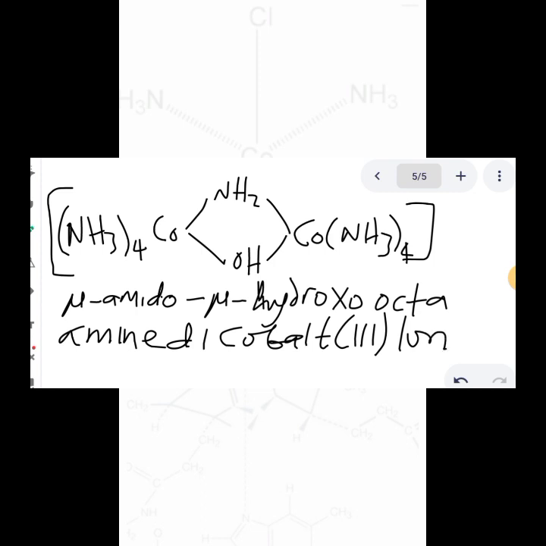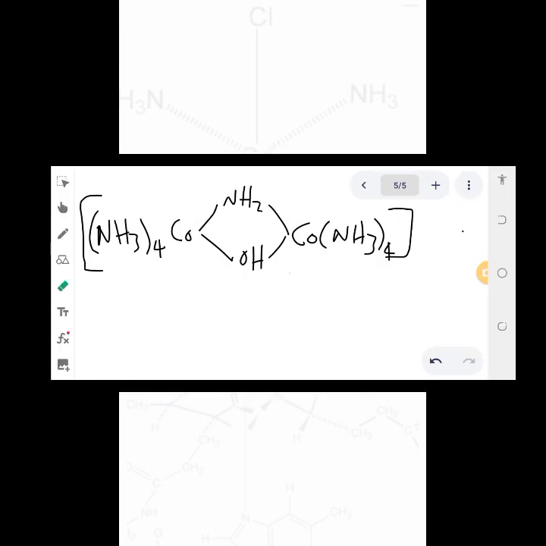This compound can also be named as mu amido, that's a bridging ligand, mu hydroxo, that's another bridging ligand. Then instead of splitting this side of the compound and this side of the compound, we can combine the two together, because what we have here is the same as what we have here.